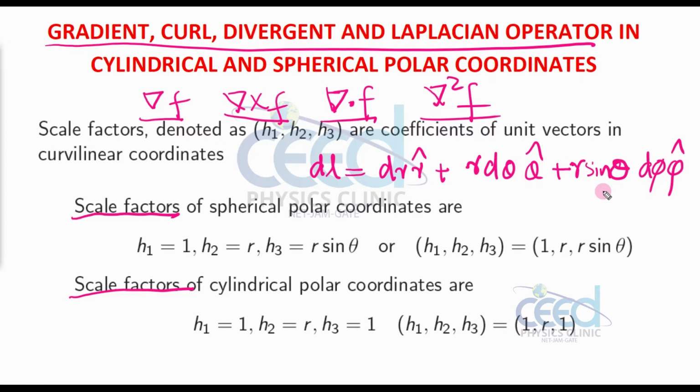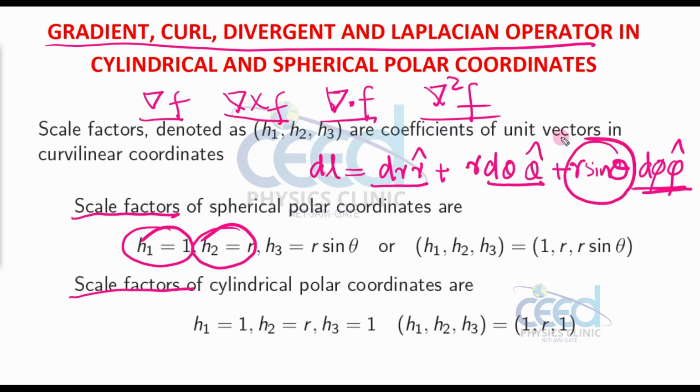The scale factors mean: what is the coefficient of dr r cap, what is the coefficient of d theta theta cap, what is the coefficient of d phi phi cap. So the coefficient of dr r cap is 1, that is h1, and the coefficient of d theta theta cap is r, that is h2, and the coefficient of d phi phi cap is r sin theta.